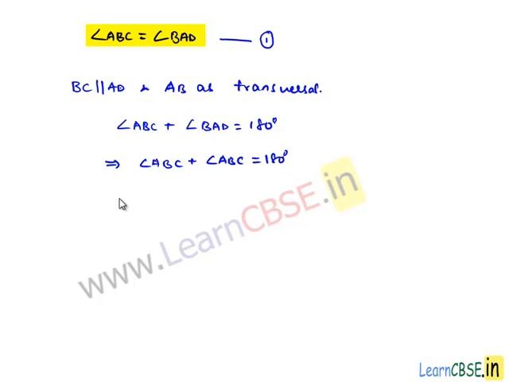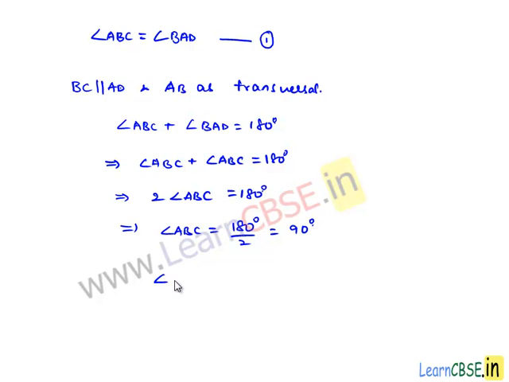So 2 times angle ABC is equal to 180 degrees, which implies angle ABC is equal to 180 by 2, and 2 goes in 180 90 times. So finally we got angle ABC is equal to 90 degrees, which implies angle BAD is also equal to 90 degrees.